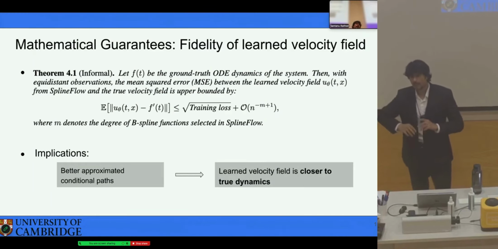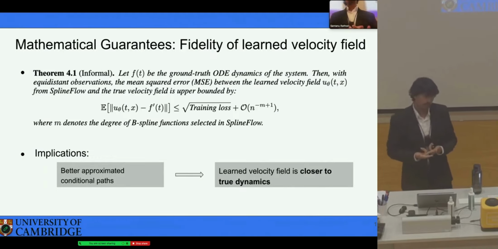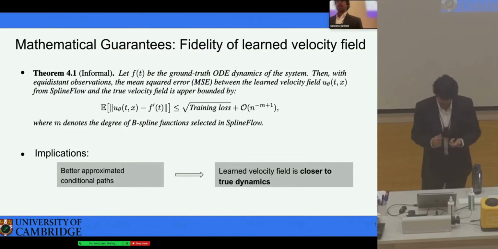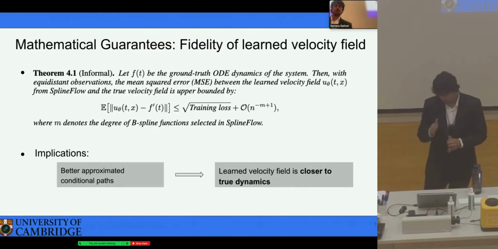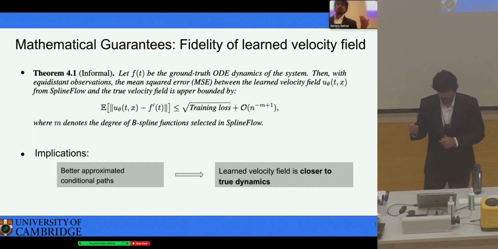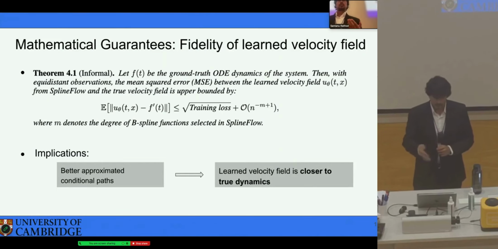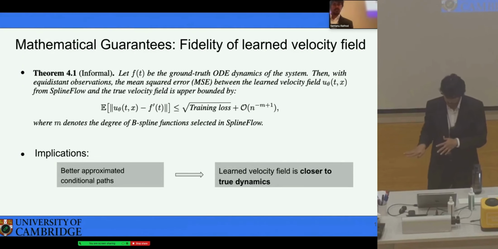Again, if you train your model well enough, based on the right inductive biases depending on the kind of data and a good training algorithm, then it's observed that in practice the training loss usually goes to 0. Compared to linear interpolants, the error then basically boils down to how well you have approximated the true underlying dynamics.